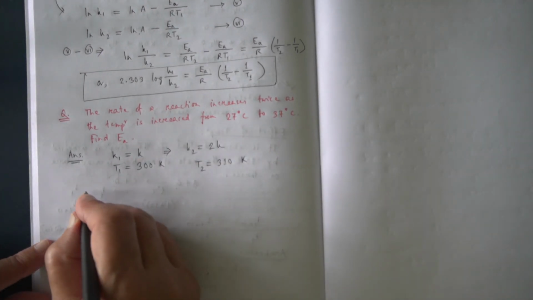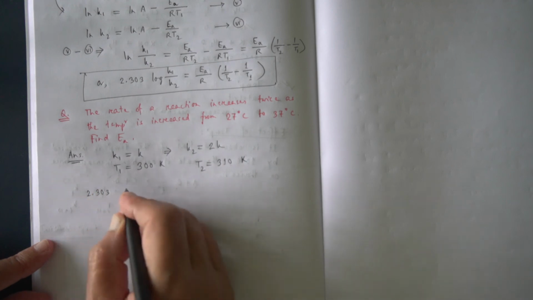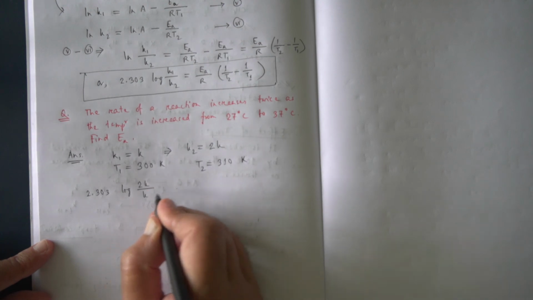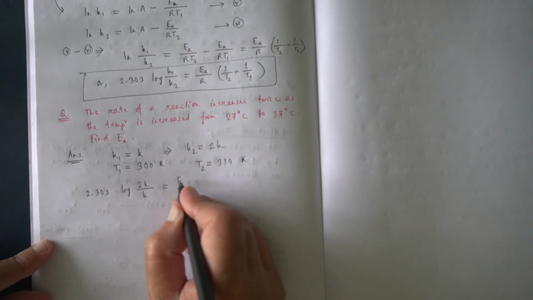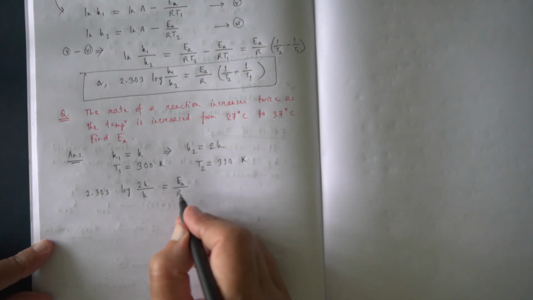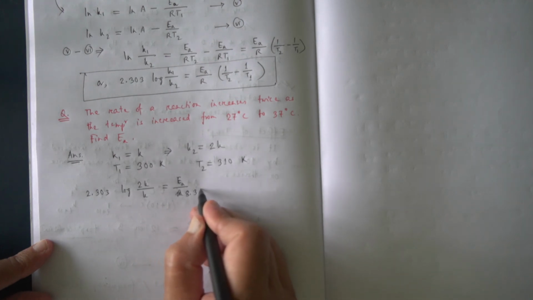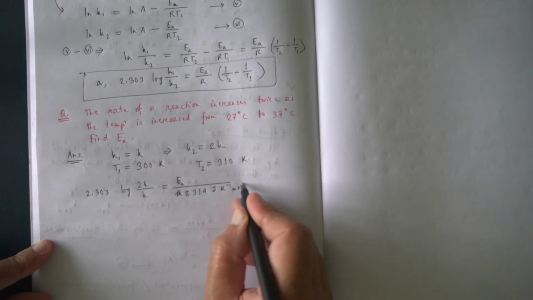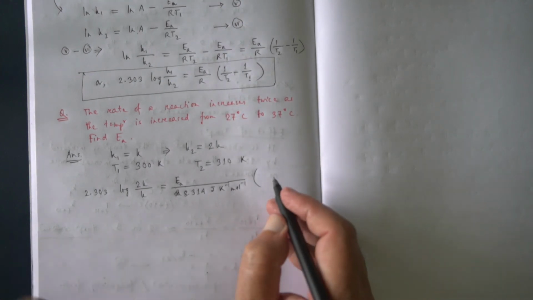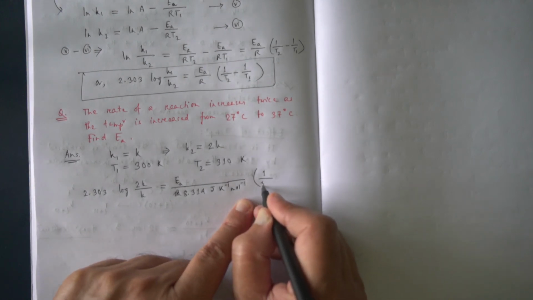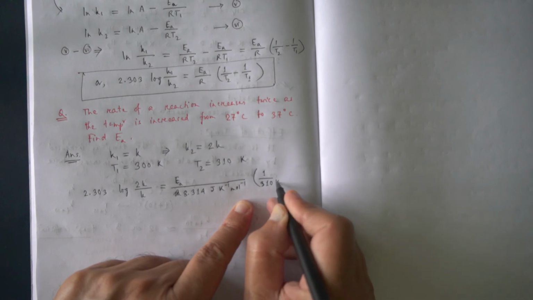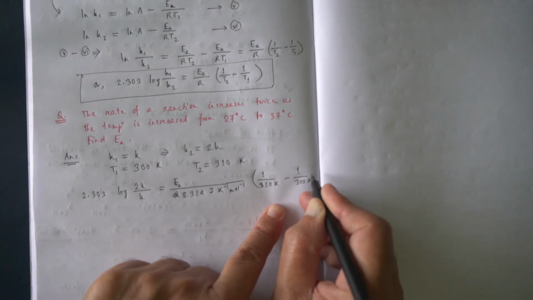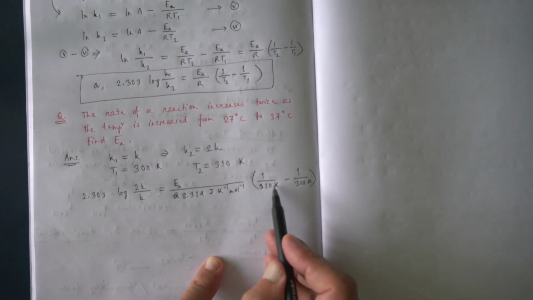So you just put here 2.303 log 2K by K equal to EA by R, R means 8.314 joule per Kelvin per mole, into 1 by 310 Kelvin minus 1 by 300 Kelvin.